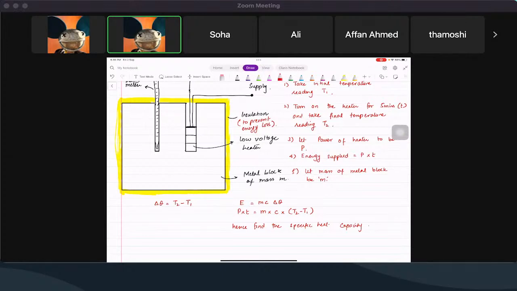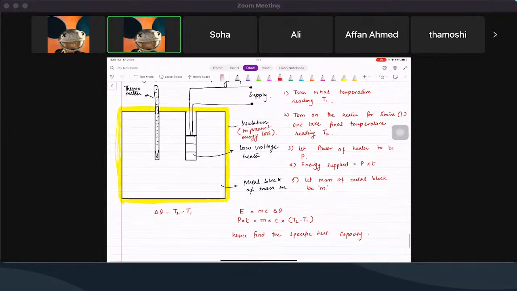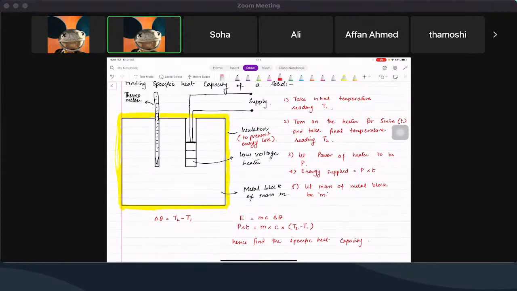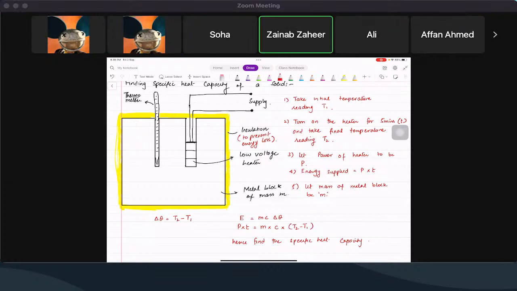Is it clear, everybody? Any questions here? Zainab, is it clear? Soha? Afan, what about you?